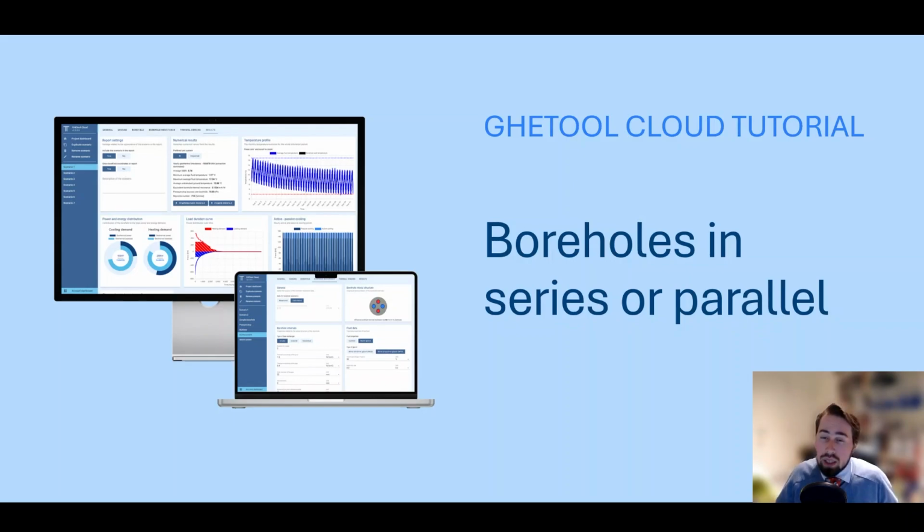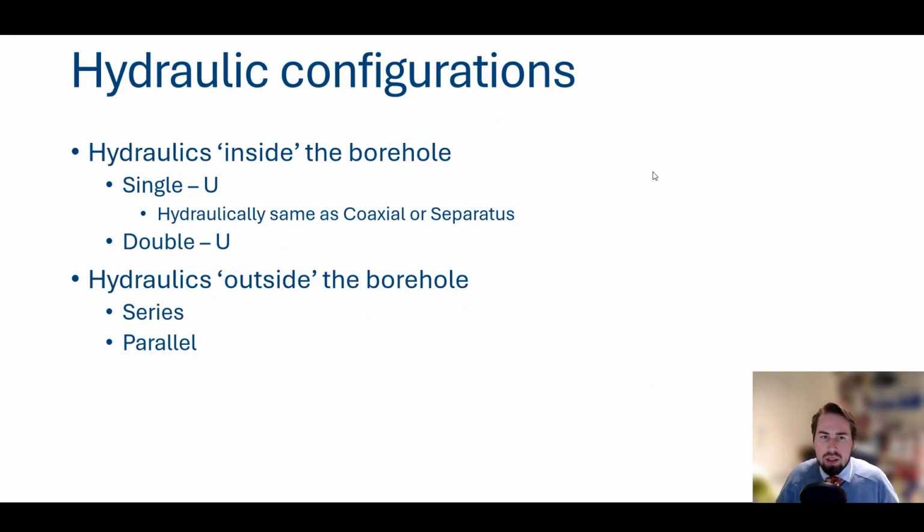So today we will be discussing boreholes in series or parallel. Now, what do I mean by that? If we talk about the hydraulic configuration of bore fields, we can make a distinction between the hydraulics inside the borehole and outside the borehole.